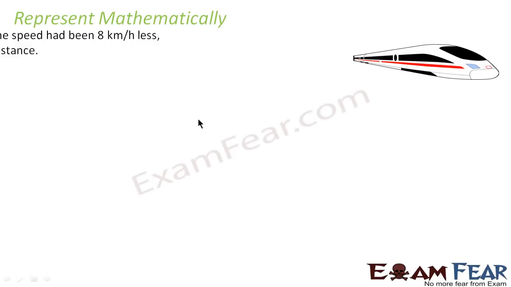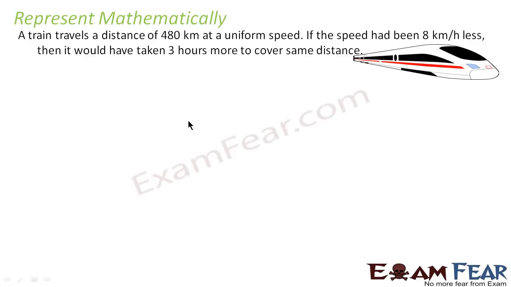We'll take one more example. A train travels a distance of 480 km at a uniform speed. If the speed had been 8 km/h less, then it would have taken 3 hours more. We have just to represent this. Let's assume there are two cases, case 1 and case 2, with distance, time and speed.